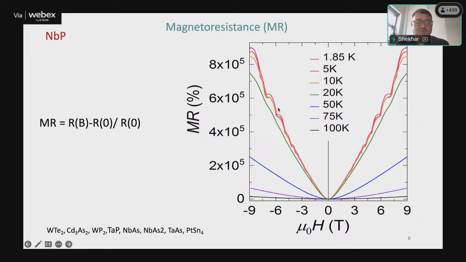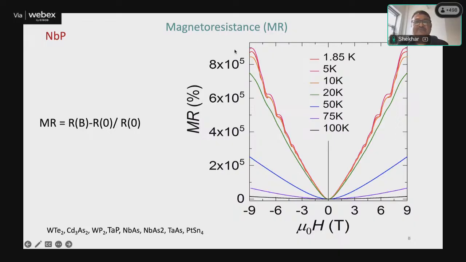At low temperature there is a kink, which I will talk about later. By measuring field dependent resistance, we can measure magnetoresistance. All the materials mentioned down here have very high magnetoresistance, meaning they are very sensitive to magnetic field.